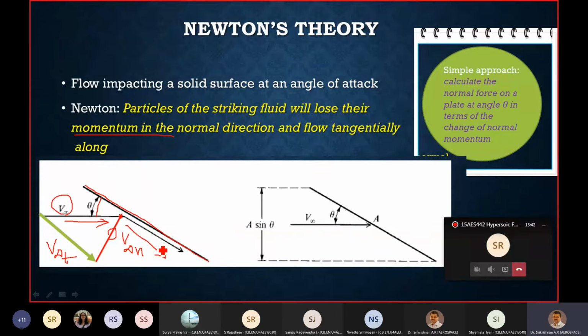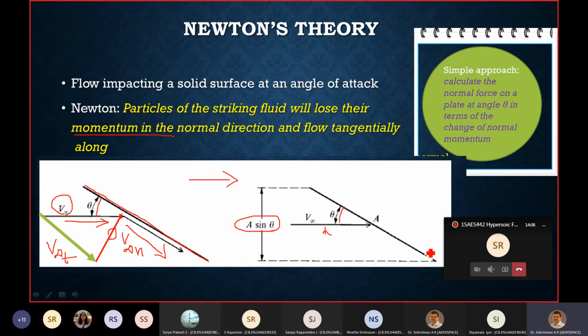Which means that let's go to the right hand side image, in which the flow direction V infinity is shown, the projected area is A sine theta, right? This angle is theta between the component and the surface.